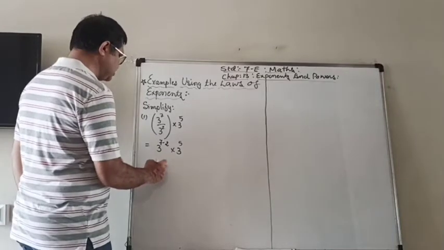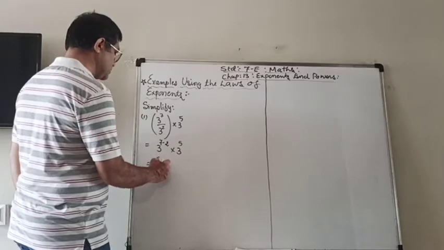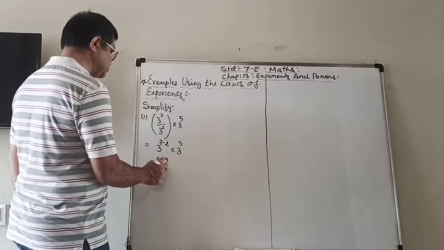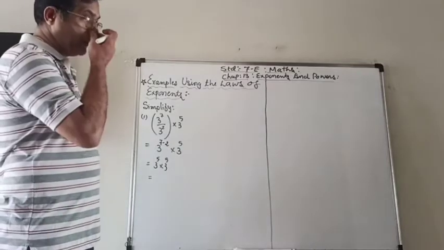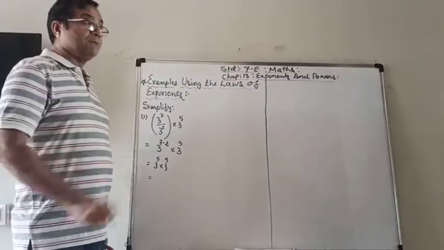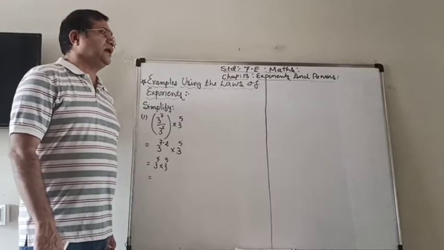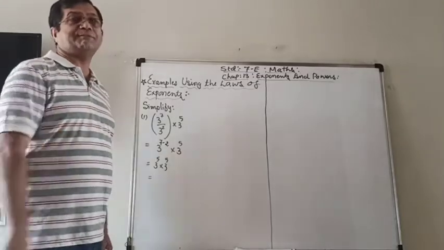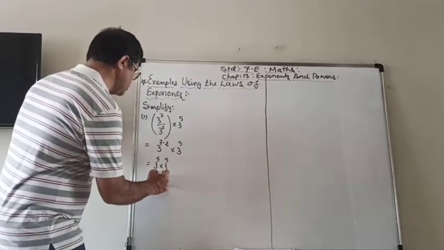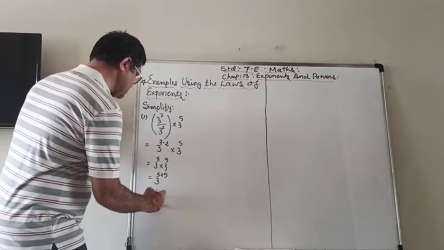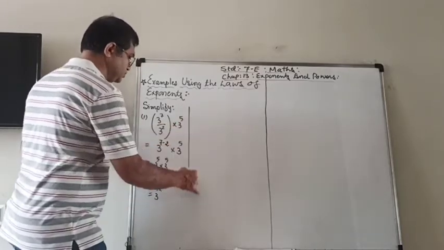So it is equal to 3 raised to 7 minus 2, which is 5, multiplied by 3 raised to 5. So now the first law, a raised to m multiplied by a raised to n, same base and multiplication, then the powers are added, means it is equal to 3 raised to 5 plus 5, and that is equal to 3 raised to 10.